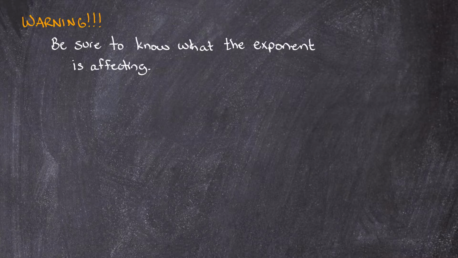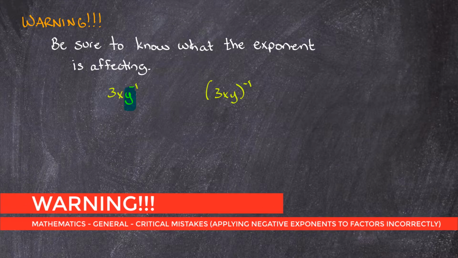So in this, as a warning, you need to know what the exponent is affecting. What I mean by that is, let me give you just two examples: 3x times y to the negative first versus a quantity 3xy to the negative first. That negative first exponent in the first case is only affecting the y.